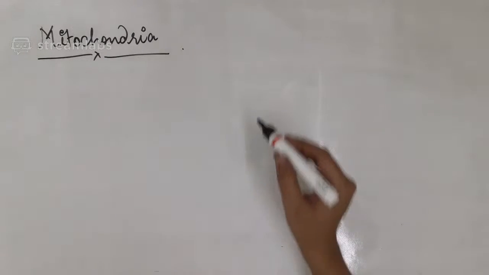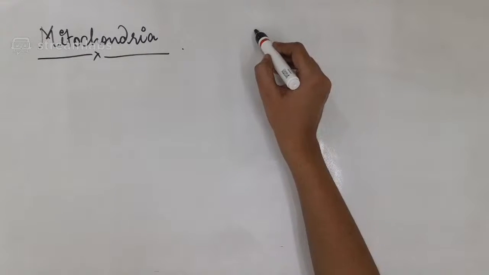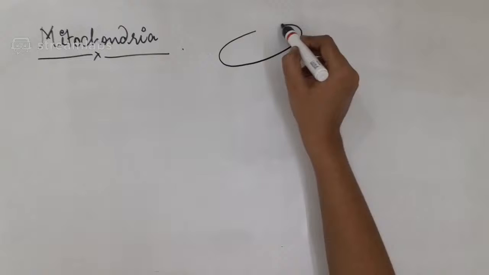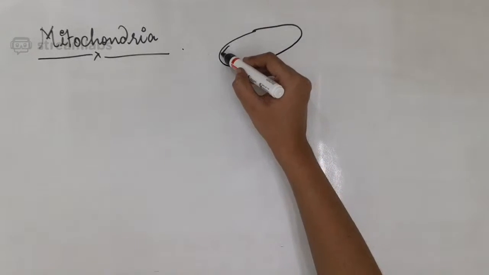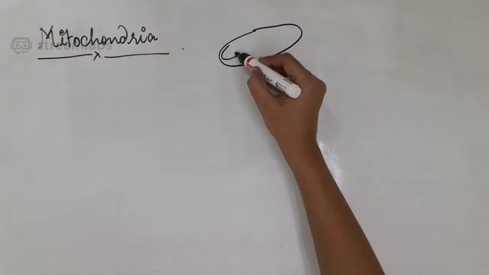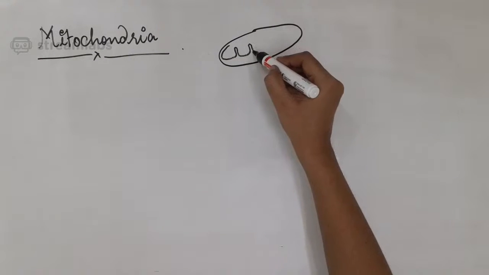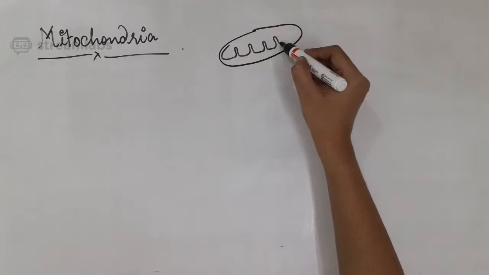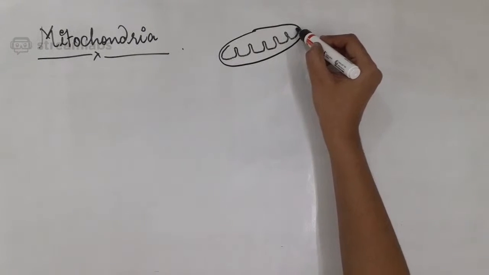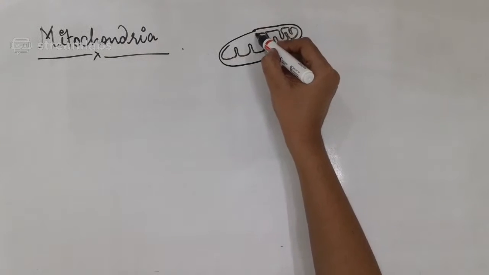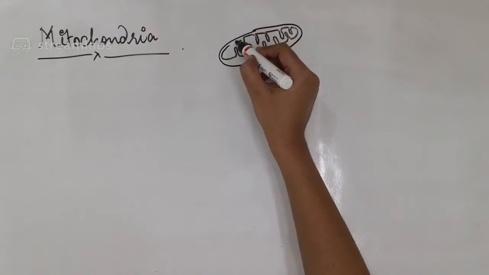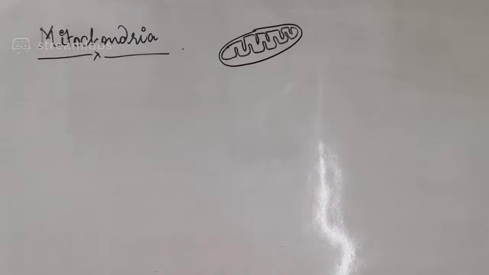The structure of the mitochondria is double walled, and the inner membrane and outer membrane are present.